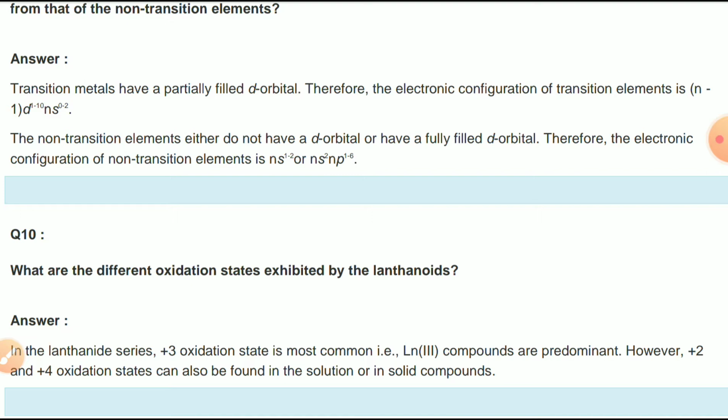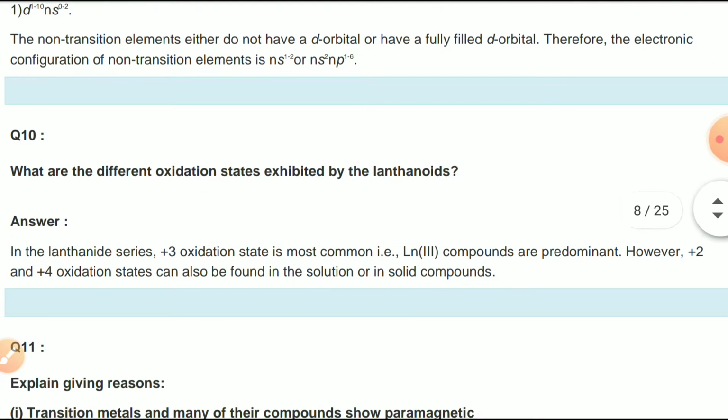The non-transition elements either do not have d orbital or have fully filled d orbital. Therefore, the electronic configuration of the non-transition element is ns1 to 2 or ns2 np 1 to 6.